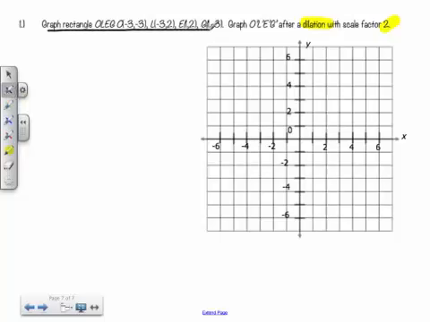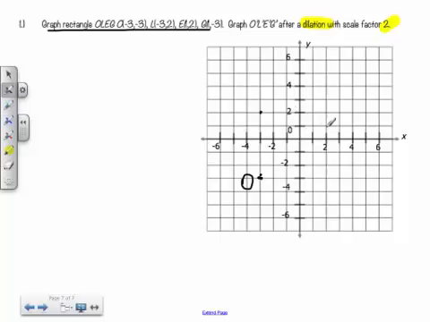So I'm just going to go through and graph out all 4 of my points. So the first coordinate is -3, -3. So I'm going to go to the left 3, down 3, put a dot there. That right there is my O. Then I'm going to put a dot right at -3, 2.